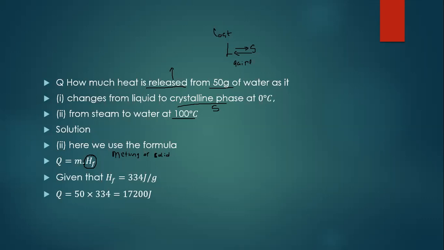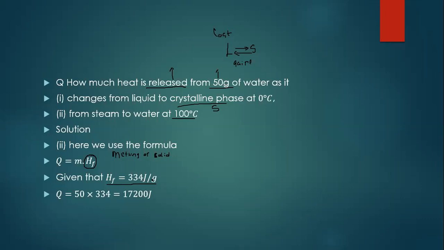So we look at the heat of fusion. It is usually given, and in this case it is 334 joules per gram. Since we are using per gram, we don't need to change the mass from grams to kg. But if it was per kg, we would have changed it.